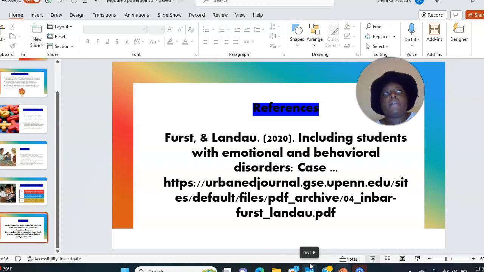I remember one of my first times working at an elementary school, a student had an FBA. The teacher was trying to implement the FBA, and FBA stands for Functional Behavior Assessment, I believe, which is basically a target of why the student is exhibiting this type of behavior.